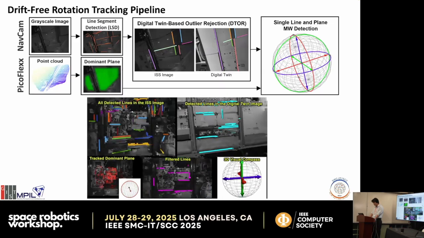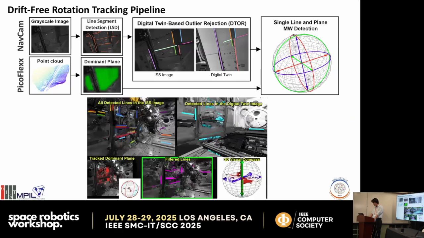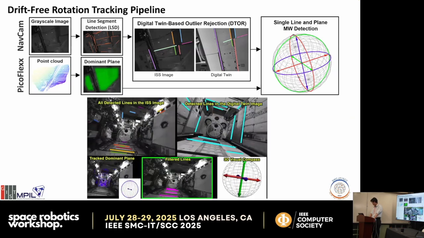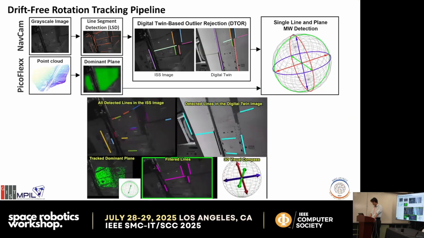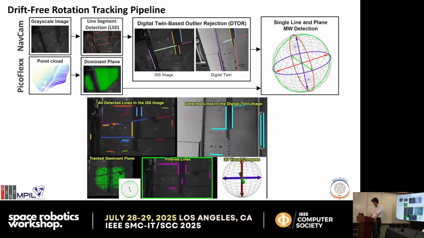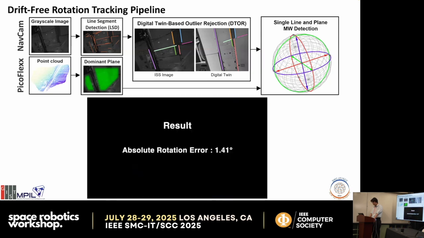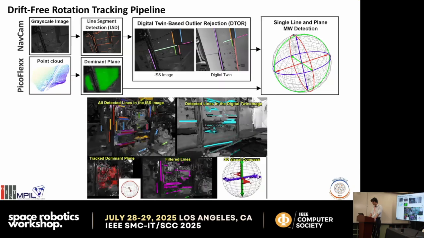The plane from the point cloud gives the first axis of the Manhattan frame, and the line, if it lies on the plane, defines the second, and their cross product gives the third axis of the Manhattan frame, enabling full 3 degrees of freedom rotation tracking. This is done robustly using RANSAC after rejecting outliers by our DTOR method.